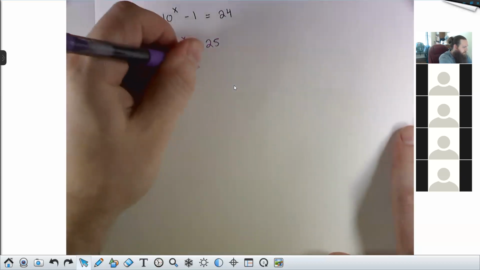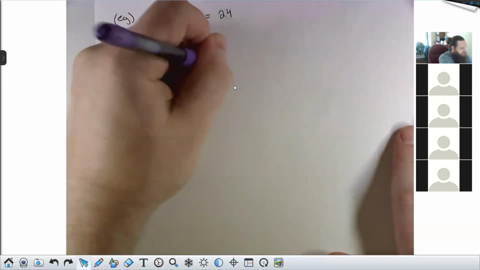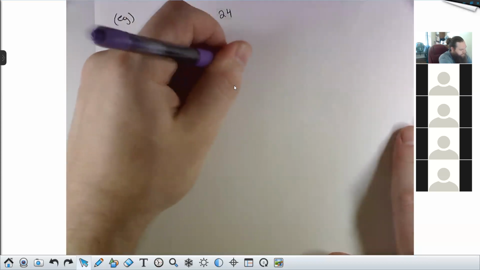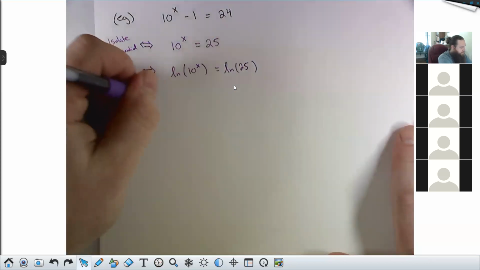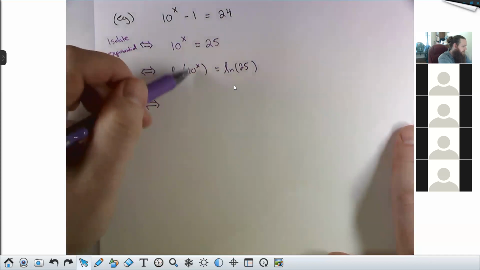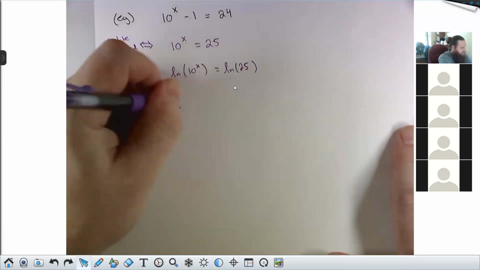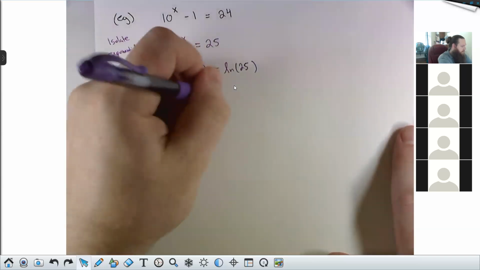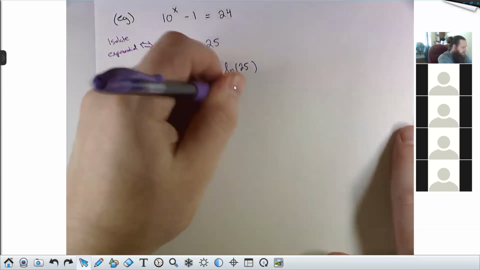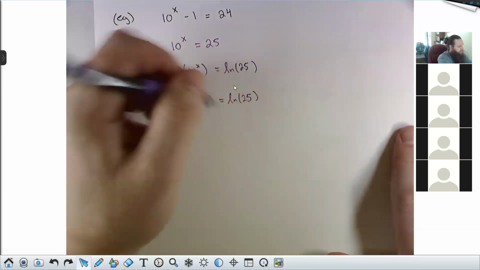So the ln of 10 to the x is equal to the ln of 25. Now on the left-hand side, the ln of 10 to the x is x times the ln of 10. And the right-hand side is still just the ln of 25.